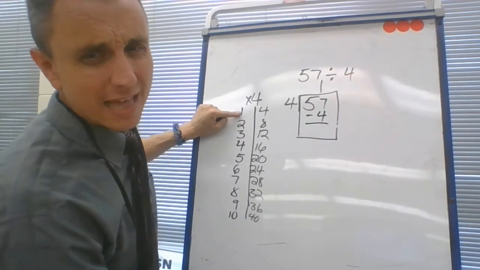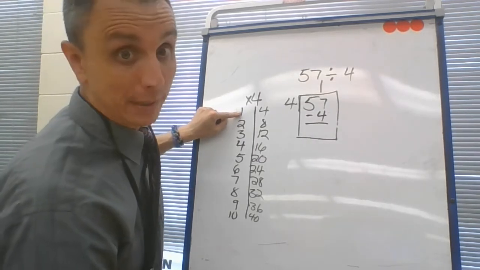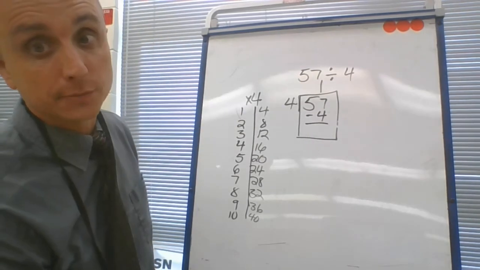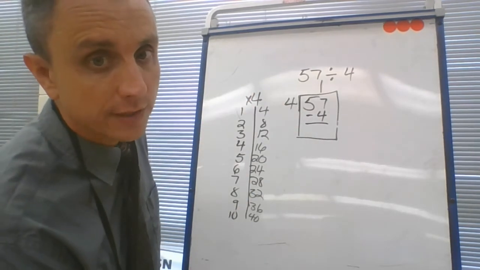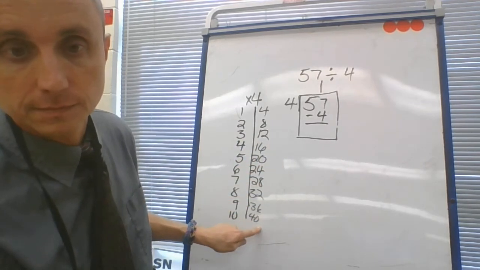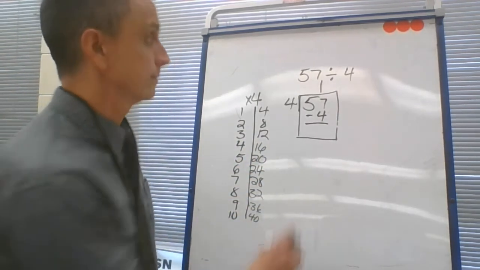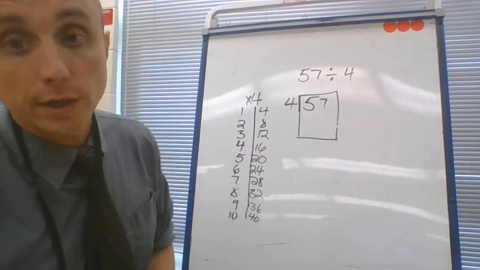Can we take away more than that? Yes, we certainly can. We can do a lot better than that because we're going to figure out the number that comes closest to 57. So what number comes closest to 57? You have these to choose from. 40, that's right. So we're going to use 40 instead.